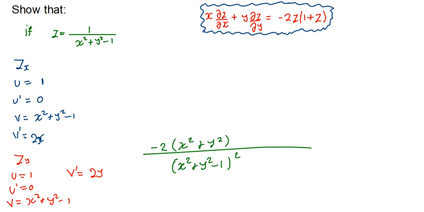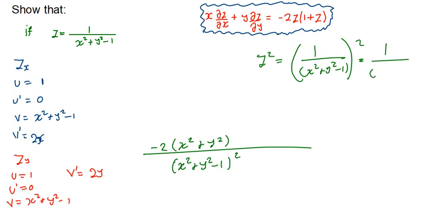Okay, but on the denominator, when I look at my x squared plus y squared minus 1 squared, which is more like the denominator of z being squared. But what I observe again is that if I say, for example, z squared, I'm going to have something like 1 over my x squared plus y squared minus 1, then I say squared, which is just going to land me at 1 over x squared plus y squared minus 1 squared.